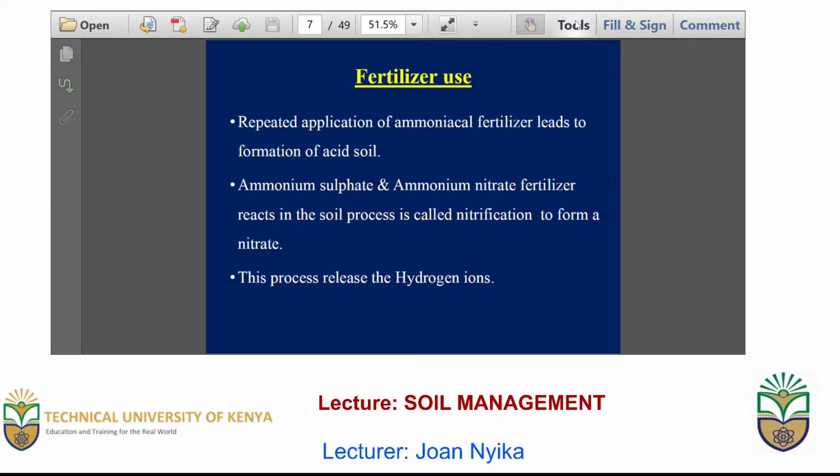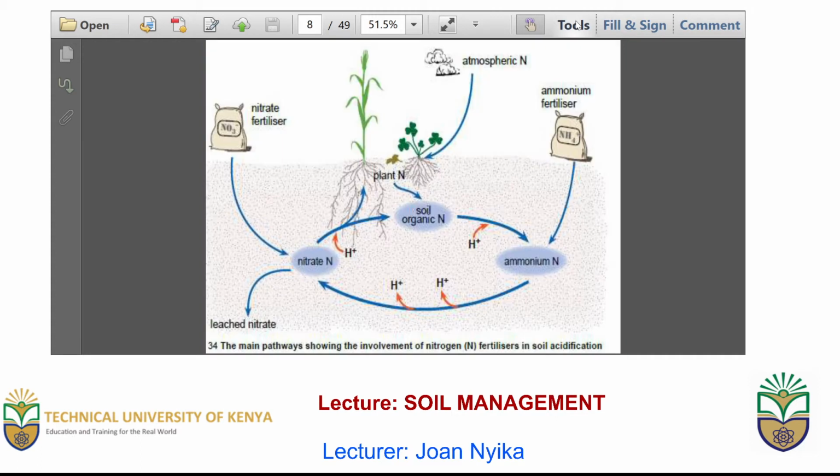These introduce nitrates in the soil, and once they are introduced, through the processes of nitrification and ammonification, they increase the acidity of soil or reduce the amount of bases in the soil, and hence the soils become acidic. How does this occur?